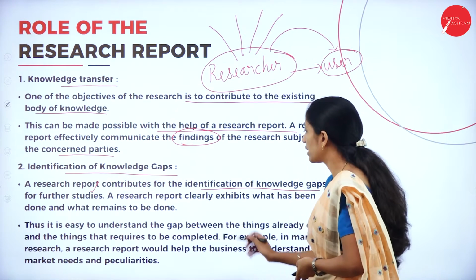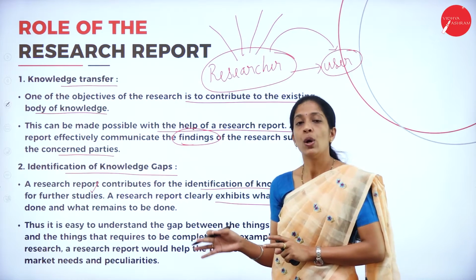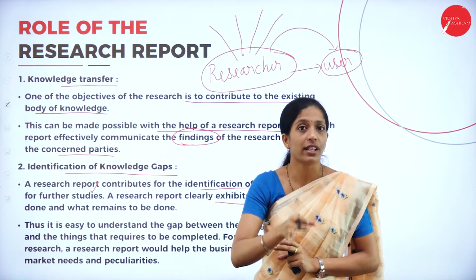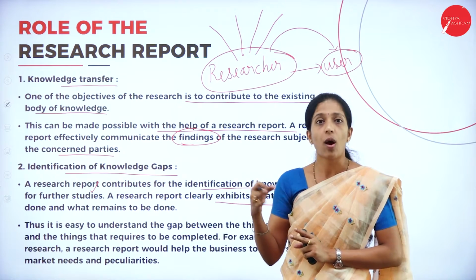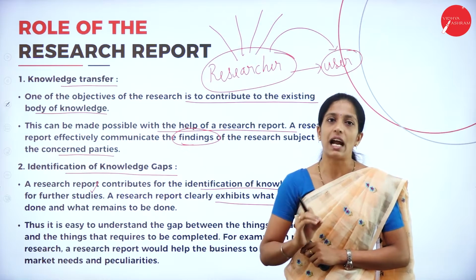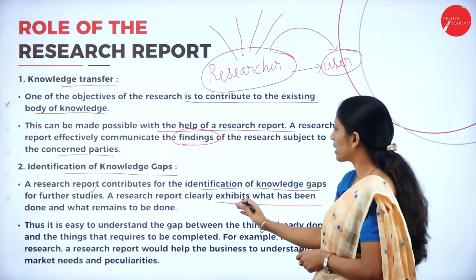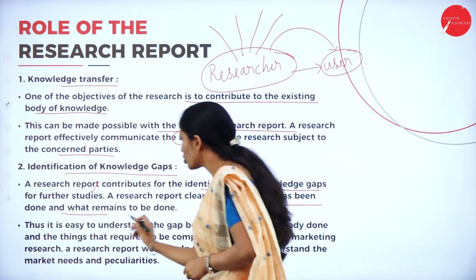A research report clearly exhibits what has been done. In the sense, previously, what studies have already been done on the same topic and what remains to be done in the future. So that gap can be clearly identified through the research report. It exhibits what has been done and what remains to be done.